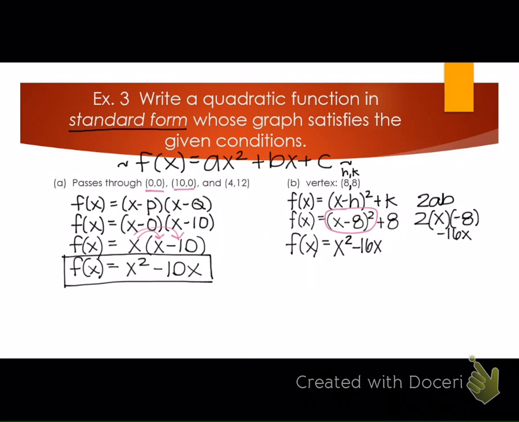And then the last thing we have to do: we squared the first term, and we did 2ab to find the middle term. So what's our third and final step here? No, we're not done. We've squared the x. We found the middle term. What's the only thing left in that binomial that we haven't squared yet?